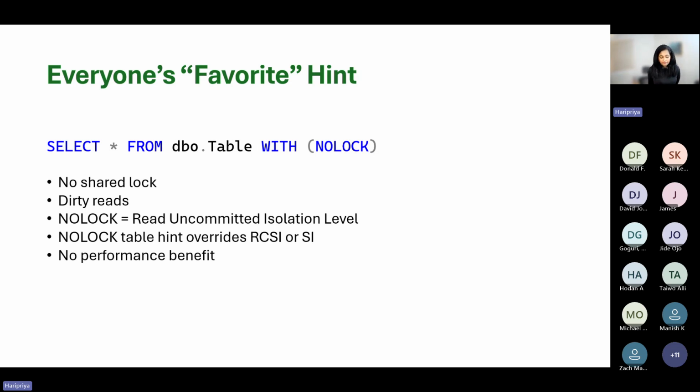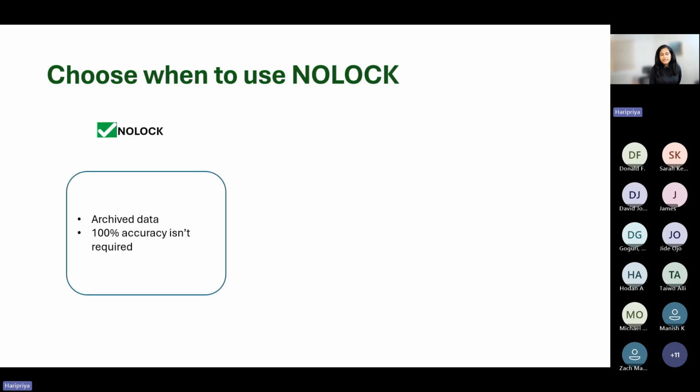You can use NOLOCK when, for example, you're staging data from one table into another and you want to check the progress of how the load is going. You don't need accurate data; you're just checking that the count is progressing. In those cases where accuracy is not needed you can use NOLOCK.